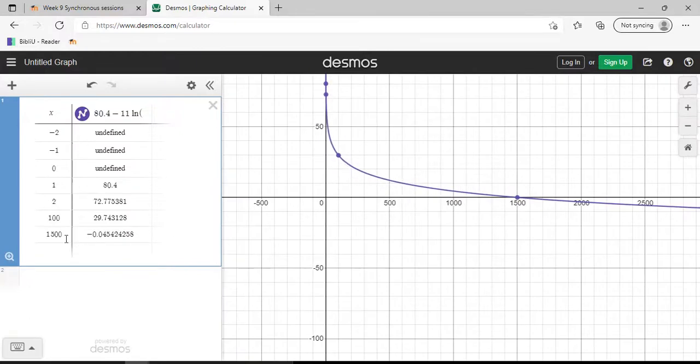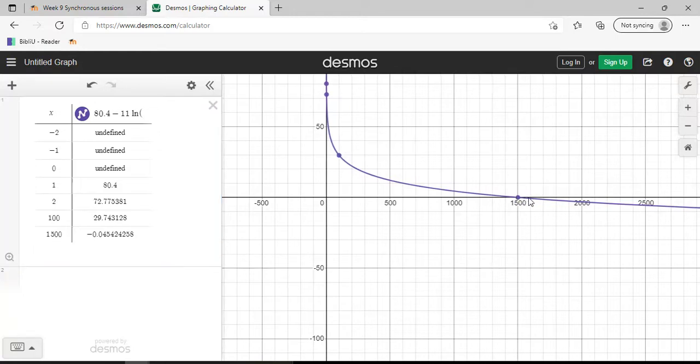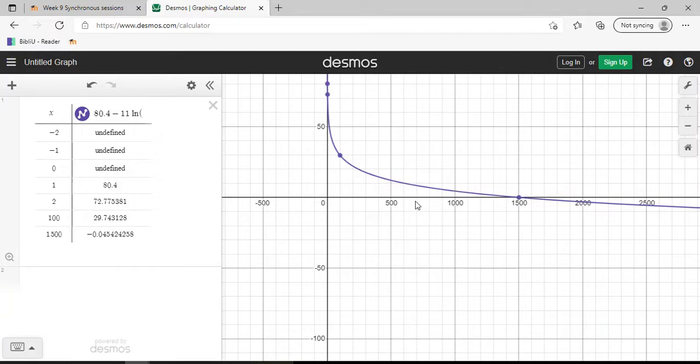Now, what I did when I put in the 100 and the 1500, you could click on those points and you see this is where 100 would start, and this is where about 1500 would be here. Because with 1500, it's going to go below the x-axis for the y. So you would start here.